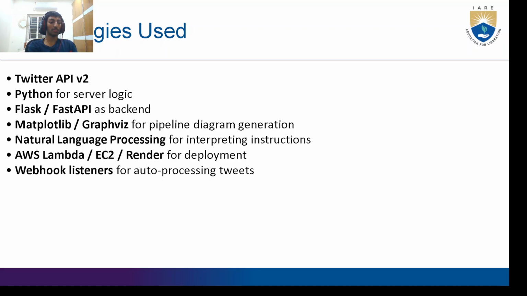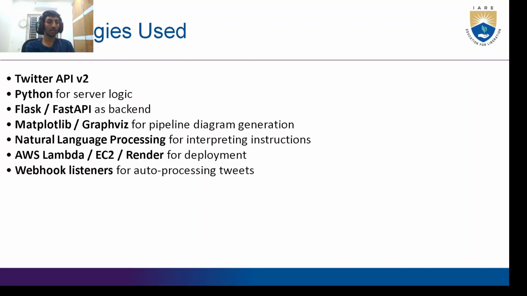Python is for backend and logic, Tweepy for connecting to the Twitter API, and Flask or FastAPI as the backend. My front end is JavaScript and Matplotlib, HTML and CSS.